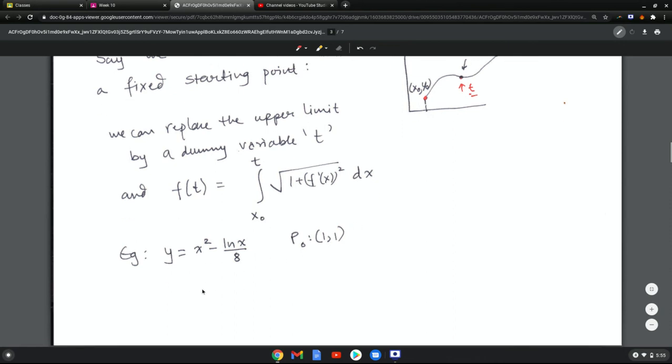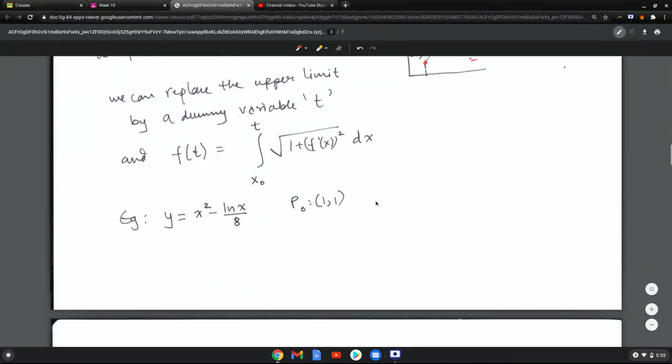Okay, for example, let's say this is my graph. Let's find dy/dx, which is going to be 2x minus 1 over 8x. Right.